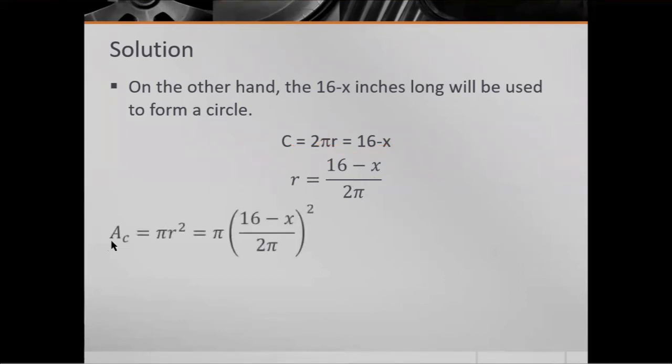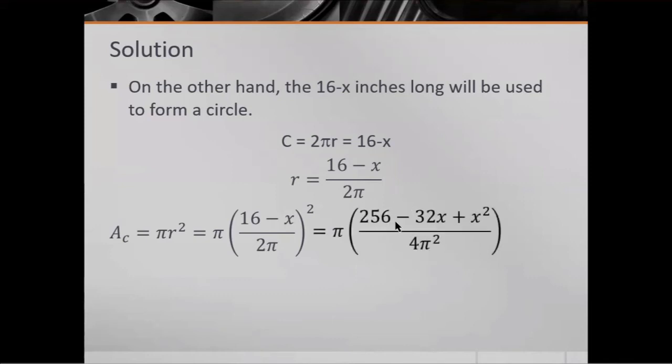Then for the area of the circle, we have pi r squared, which is equal to pi, and instead of r, we substitute the value of r. So pi times the quantity 16 minus x over 2 pi, squared. So pag in-square natin ngayon ito, magiging 16 squared minus 2 times 16 times x plus x squared over 4 pi squared. Okay, check natin.